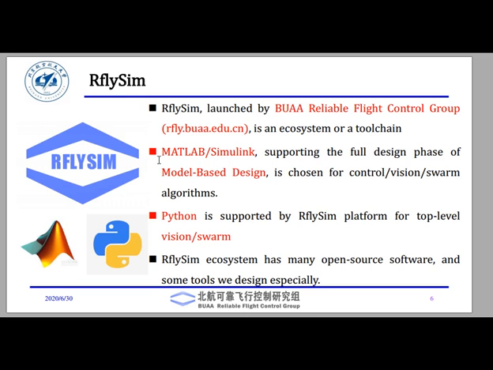Simulink is a tool inside MATLAB, and it is also used inside the rflysim tool platform. So it is a model-based design. It also uses Python, which is supported by the rflysim platform for top-level vision and SWAP. The rflysim ecosystem has many open source software and some tools which are developed by them.